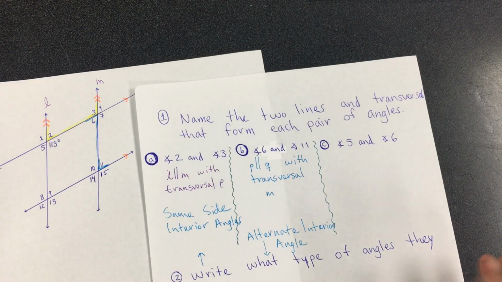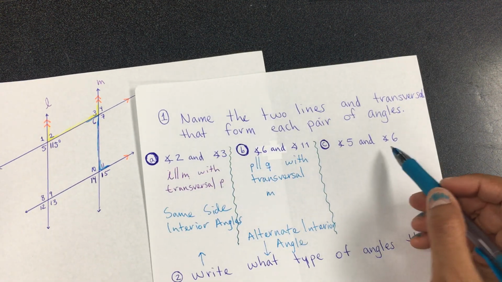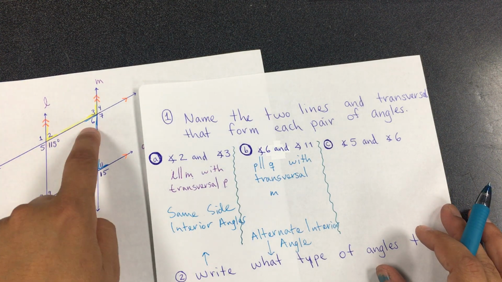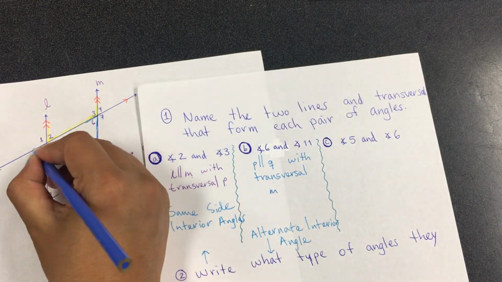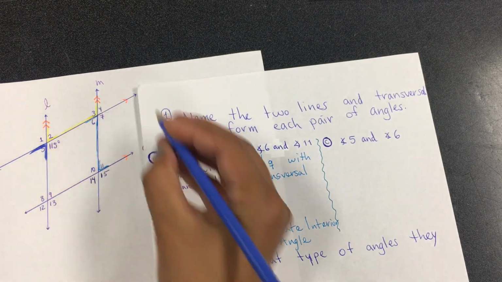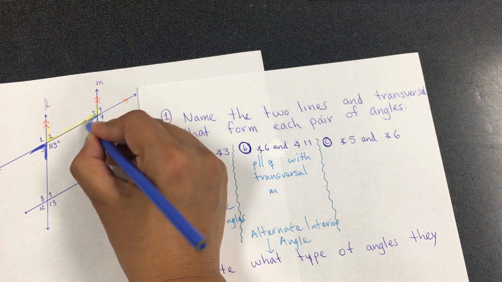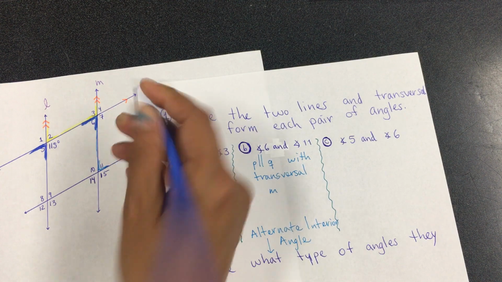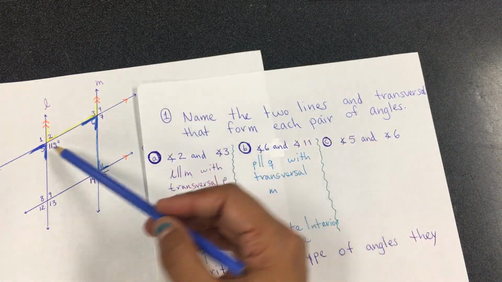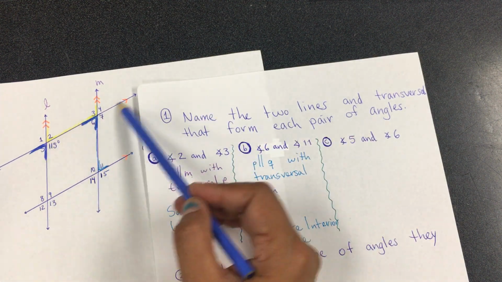And we're gonna go next to 5 and 6. Let me use a different color. So 5 is right here. 6 is right here. If you notice, they look exactly the same position. And the two lines that are parallel, well, if you were to extend, this is the same line.